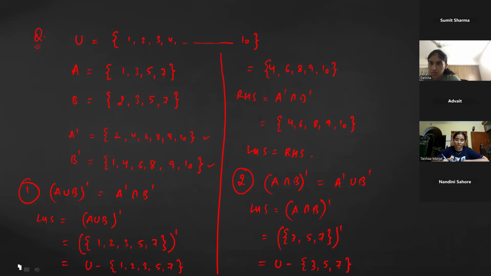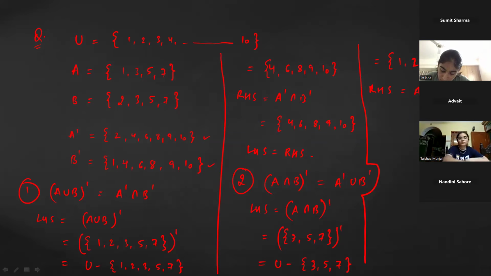Right? So all the elements of U except 3, 5, and 7 we have to write here. So this will become 1, 2, 4, 6, 8, 9, and 10. These are the elements.